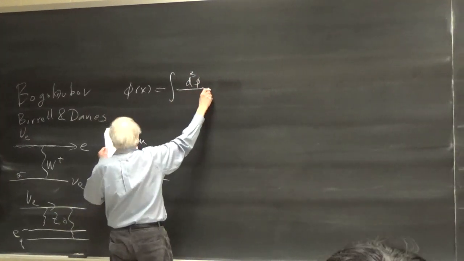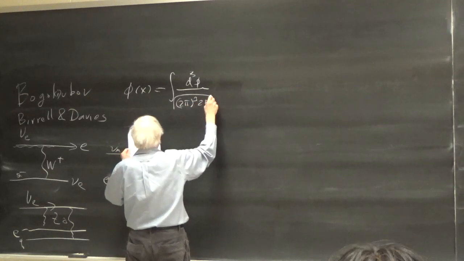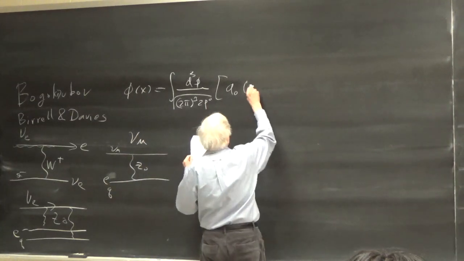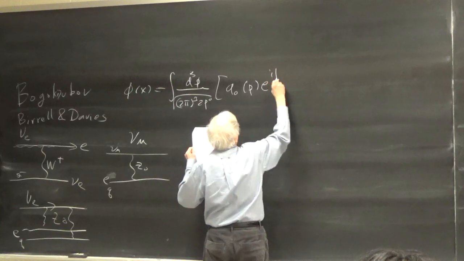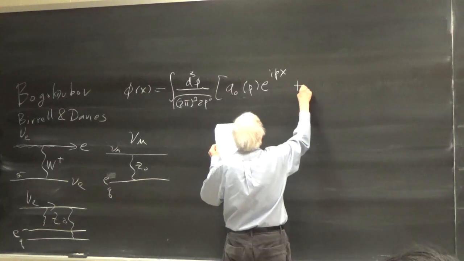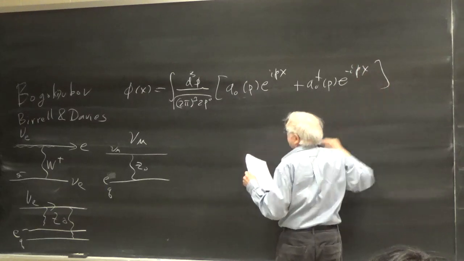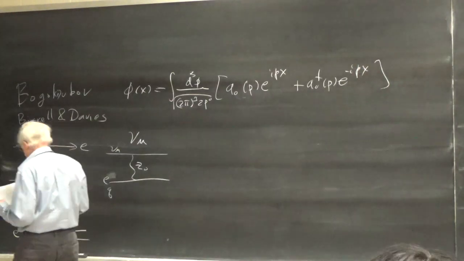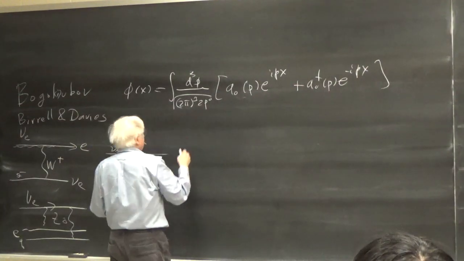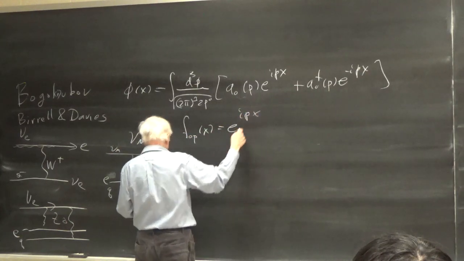So we have d^3p over square root of (2 pi)^3 2p0. And I'm going to write a 0 on this because this is the field expanded in terms of flat space annihilation and creation operators, and in terms of mode functions here, which I'm going to call f0p of x, which is just e to the i p x.